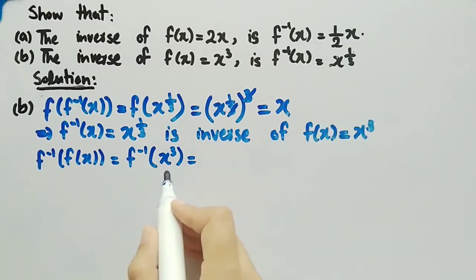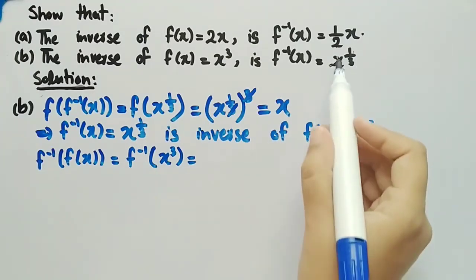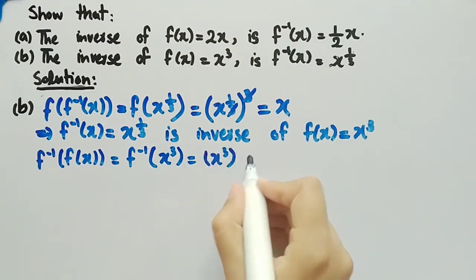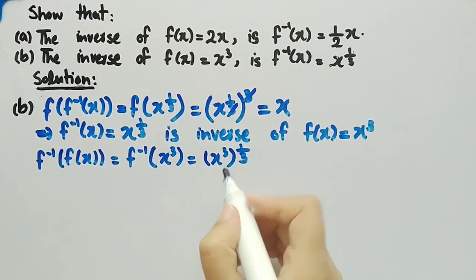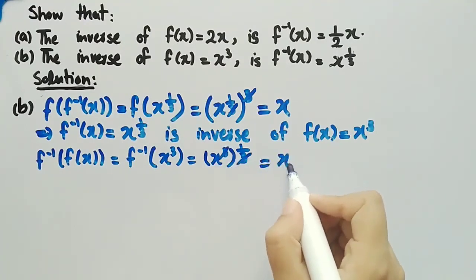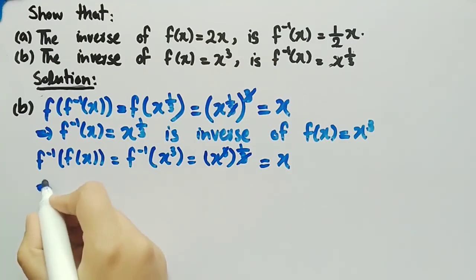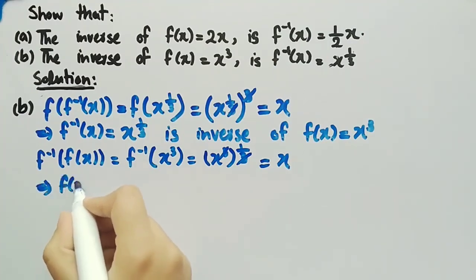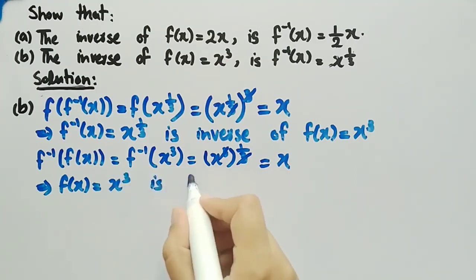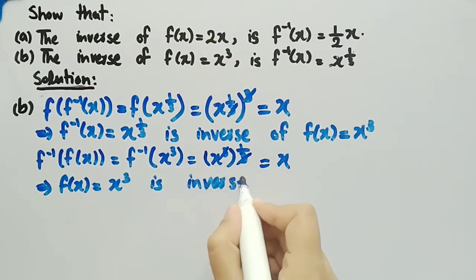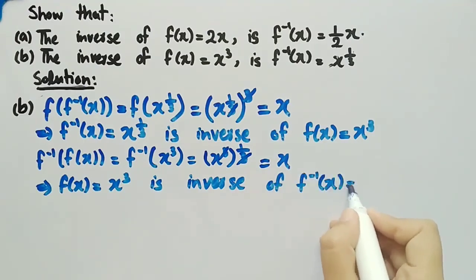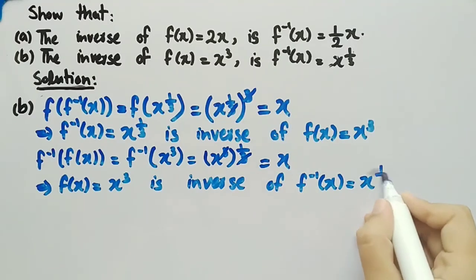So f inverse of x cube will be, replacing x by x cube, we get x cube raised to power 1/3. This 3 will be cancelled out by this one and we are left with x. From here we can say that f of x equal to x cube is inverse of f inverse of x equal to x raised to power 1/3.